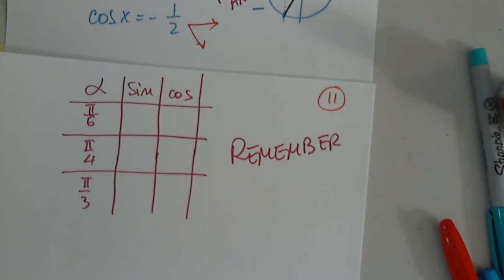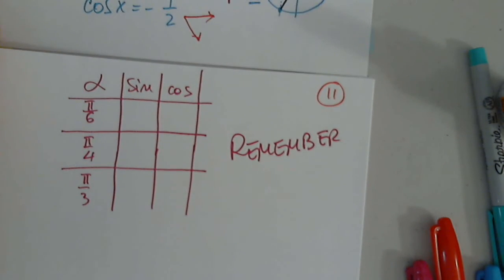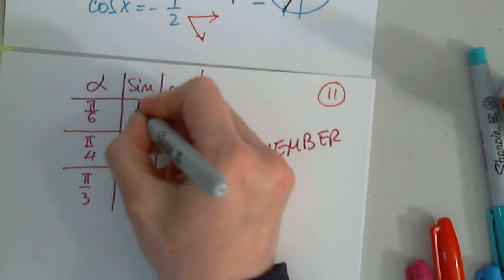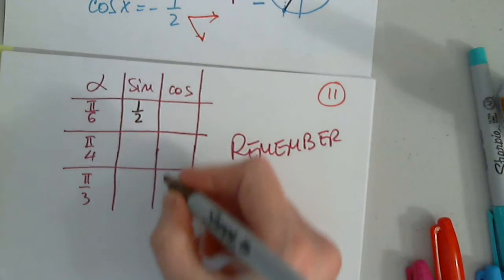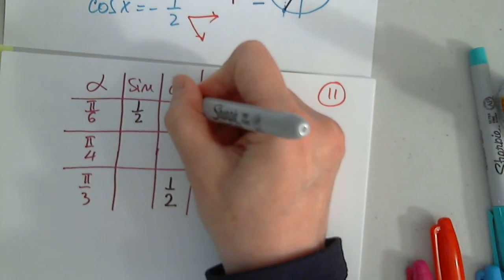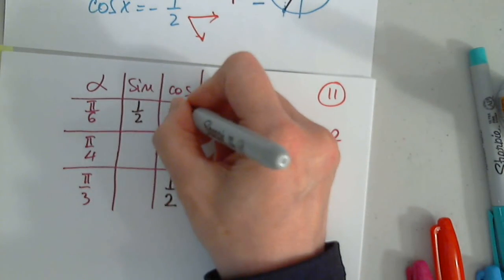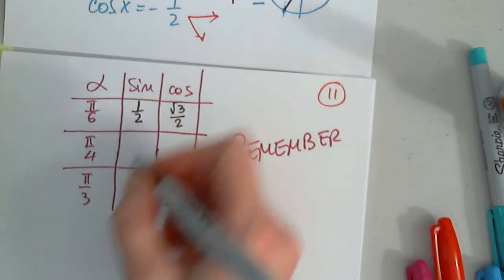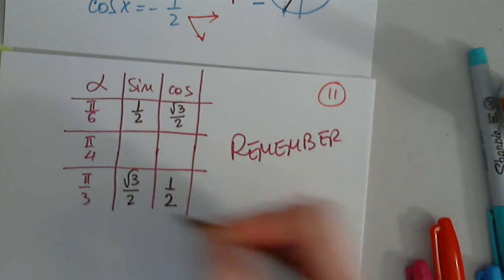Very easy. Here's how you remember it. The smallest angle has sine 1/2, and that number jumps here. Cosine, the smallest angle, cosine is the square root of 3/2, and it jumps here, the opposite.